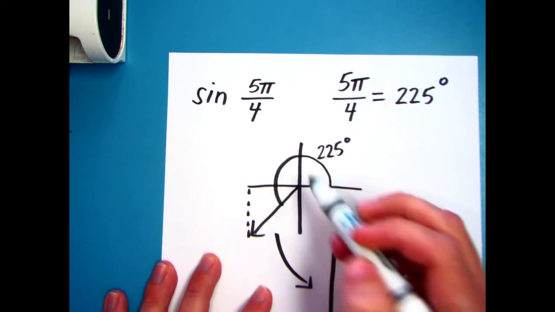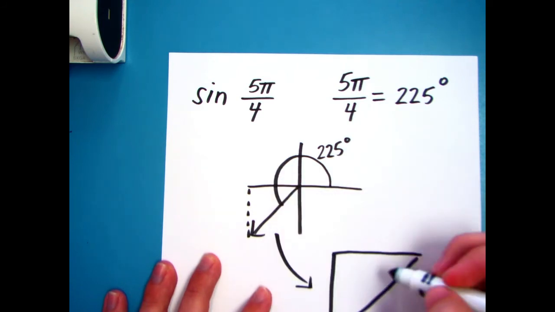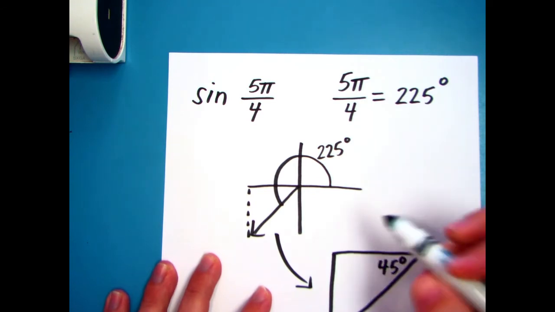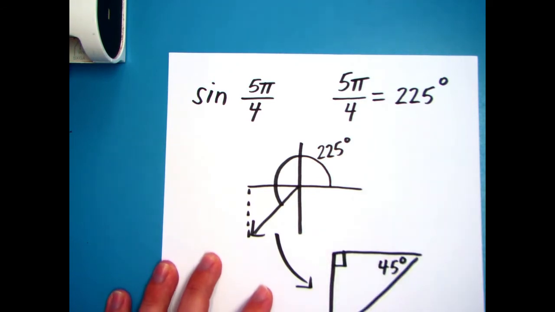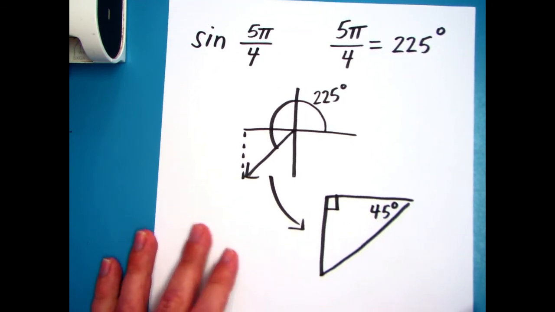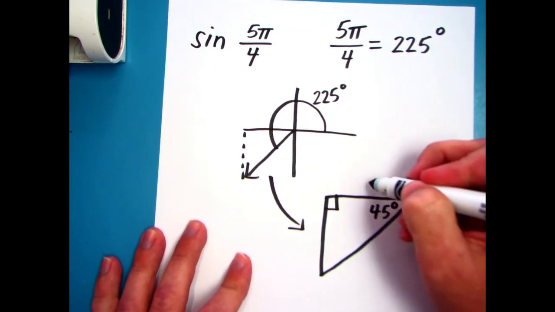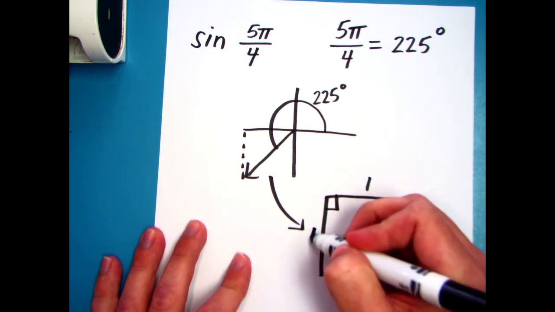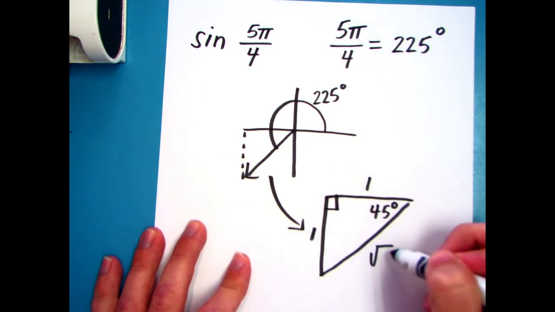225 degrees was 45 degrees past 180, so that inside angle is 45 degrees. It's a 45, 45, 90 triangle, so I can fill in my missing sides as 1, 1, and root 2.